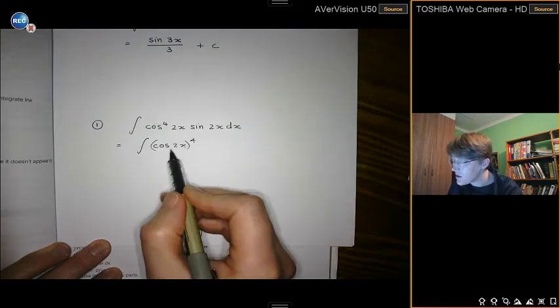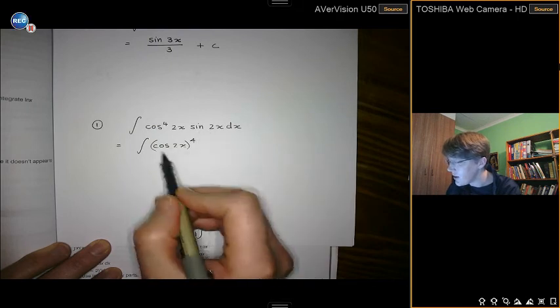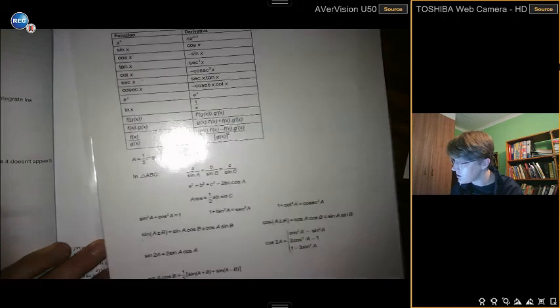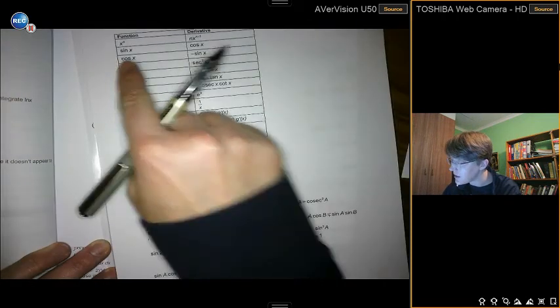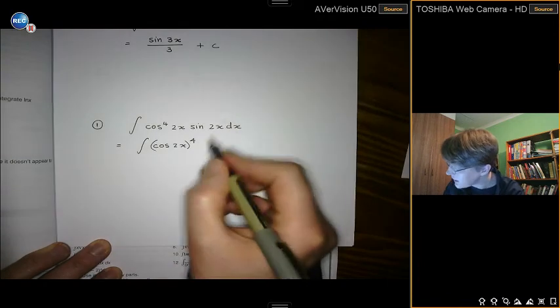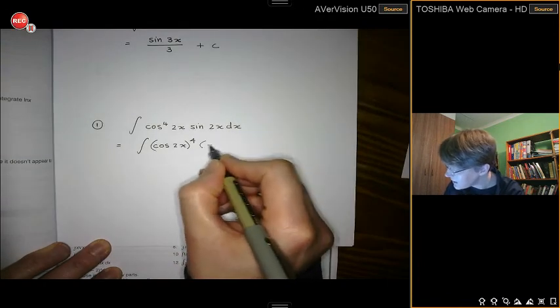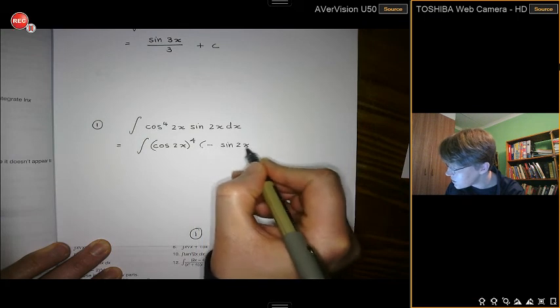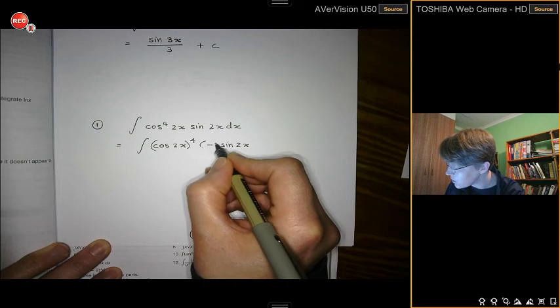So then my question is simply, can sine of 2x be the derivative of cos of 2x? If you look at it, the derivative of cos x must be negative sine x. So I can fix that, saying this needs to be negative sine of 2x, but because of the 2, using my chain rule, this needs to be 2 there.